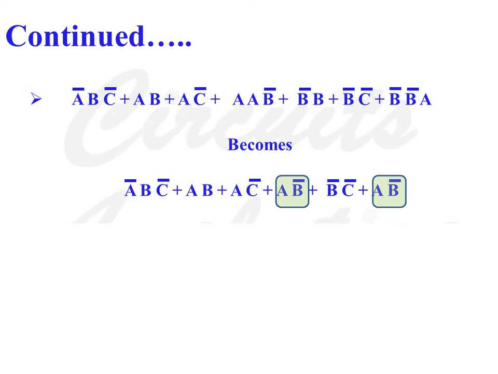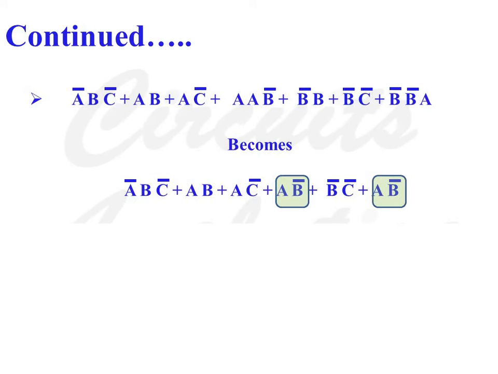So the equation a bar b c bar + ab + ac bar + aab bar + b bar b + b bar c bar + b bar a becomes a bar b c bar + ab + ac bar + ab bar + b bar c bar + ab bar.